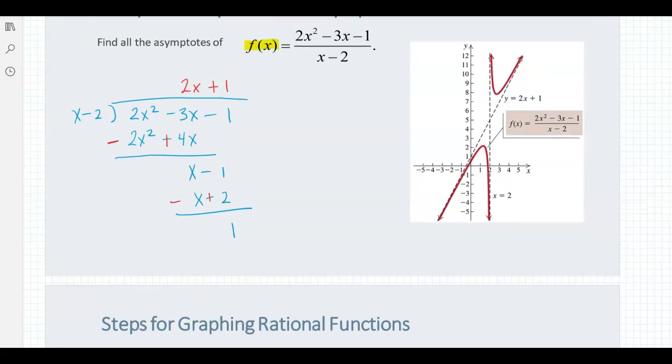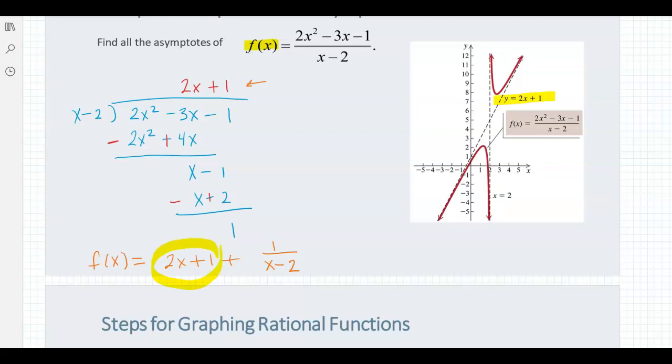So rewriting this original function, a different way that I can write it is this: 2x plus 1, that's the quotient that I got, plus the remainder over the divisor, right? We talked about this last week, that this is a different way of writing the original function. It turns out that this part of the function is the slant asymptote.